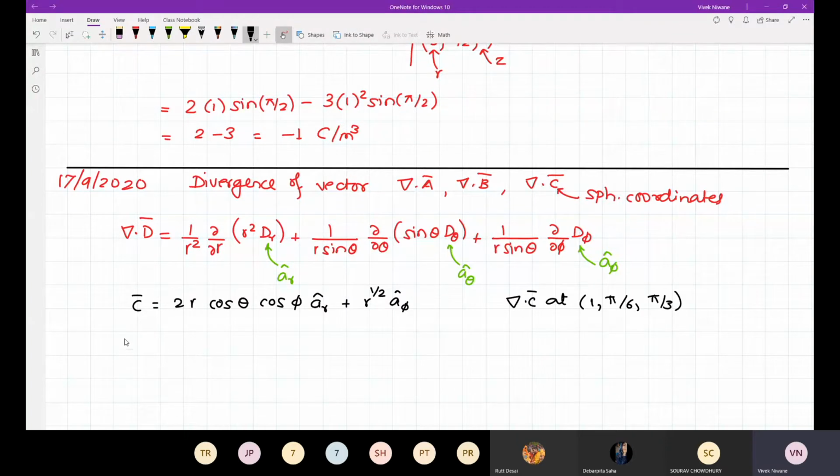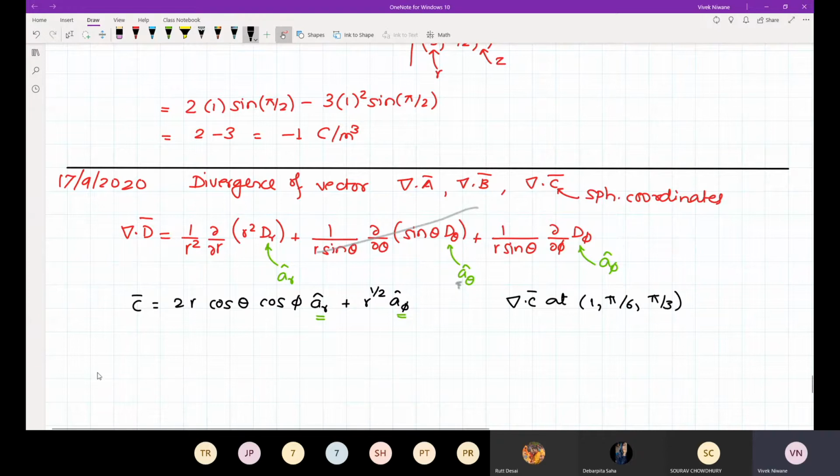So in the given expression we have an r component and a phi component. A theta component is missing, so the whole term considering the a theta component will vanish.